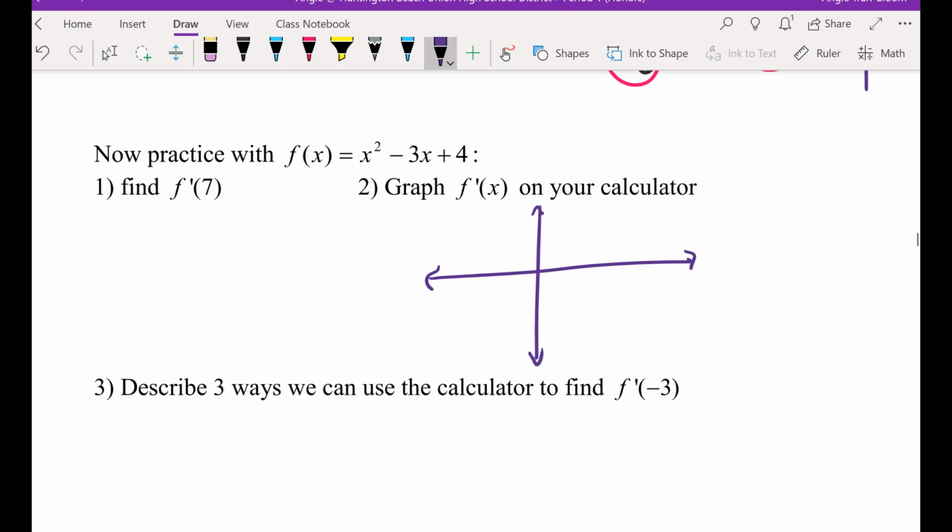So, how did we find that? Remember, we don't use x to the third anymore. We're looking for this, right?